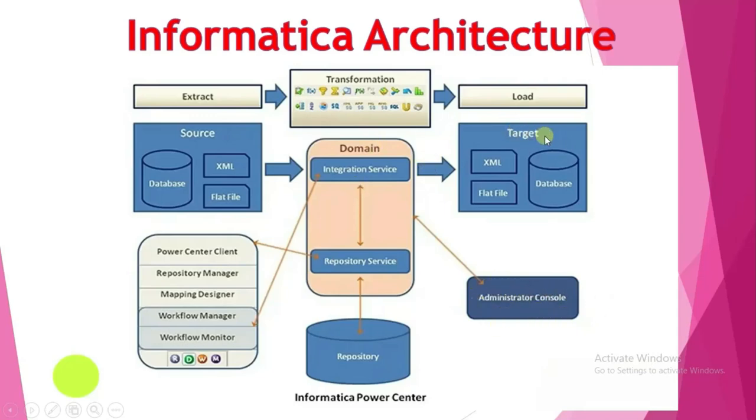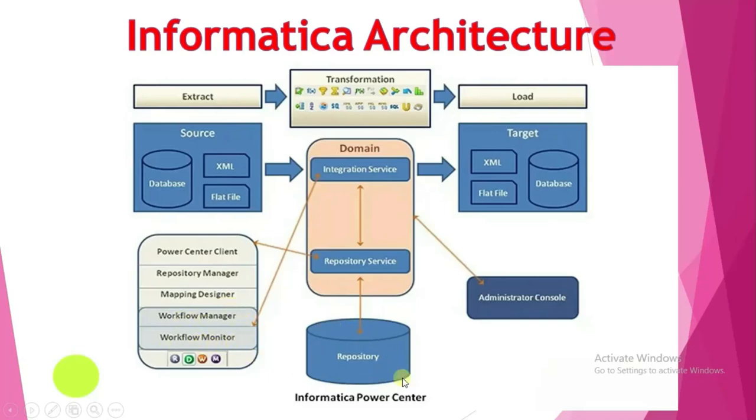Next the target, that is XML files, flat files, database files, all the files. After applying the transformation rules, the data gets loaded into the target data warehouse. Then come the client tools like the PowerCenter client: repository manager, mapping designer, workflow manager and workflow monitor.